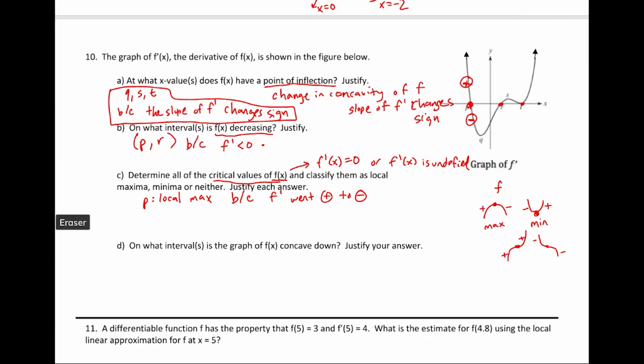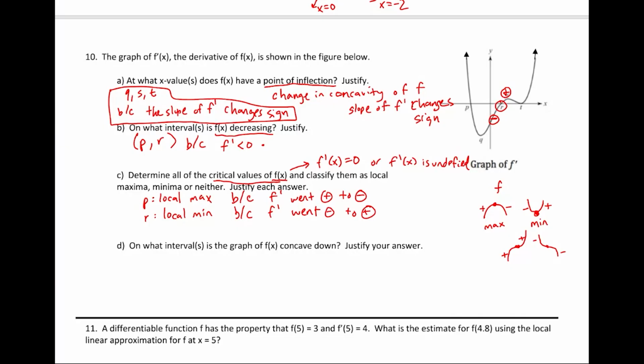At point R, f prime is going from being negative to being positive. So that means on the graph of f, we would have a local minimum. So at R, we have a local minimum because f prime went from being negative to positive.